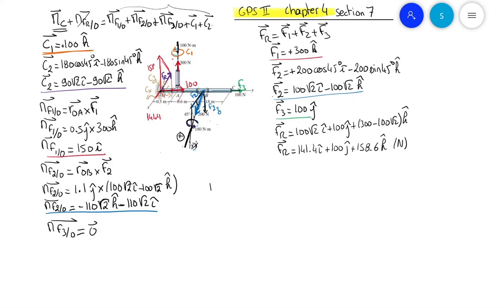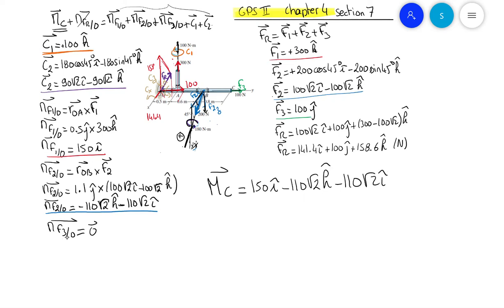We have the moment about C equal to the moments of F1 and F2 plus C1 plus C2. So F1 is 150 I hat, F2 is minus 110 square root of 2 K hat minus, let me see, yes, minus is correct, square root of 2 on I hat.